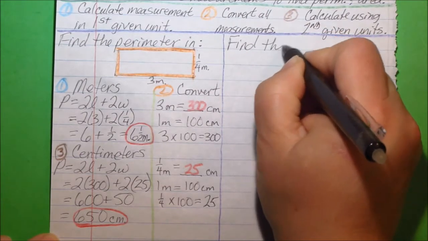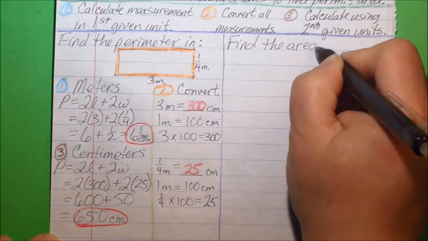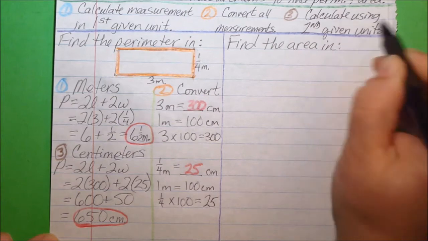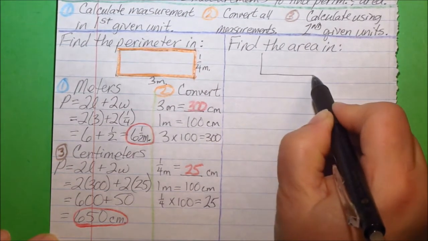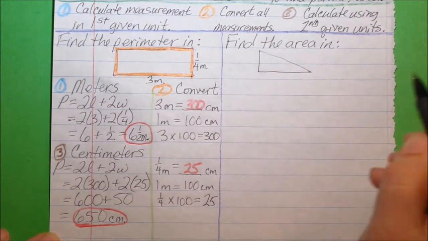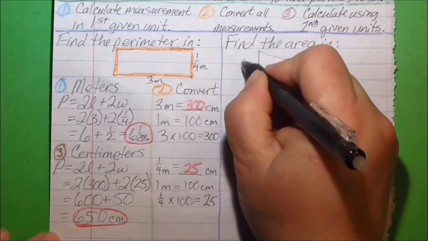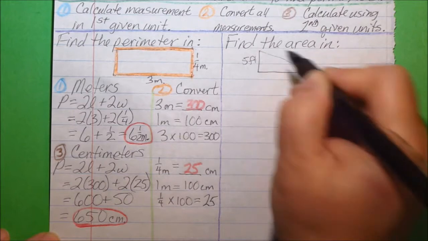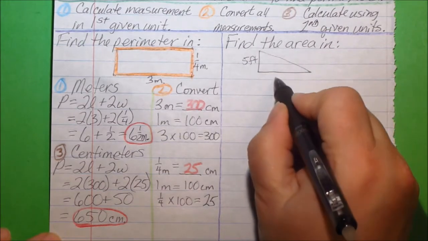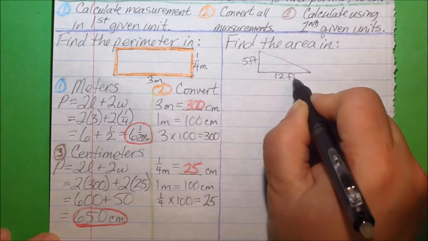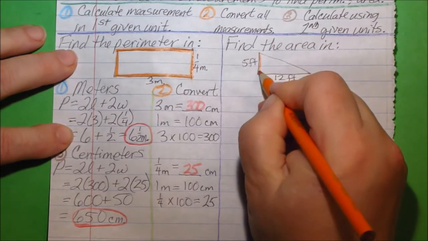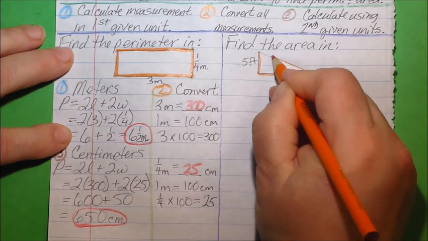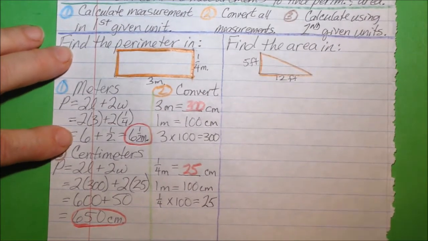the area, and I've got a little triangle here, and this triangle is 5 feet in height and 12 feet at the base. All right, so I'm going to outline it, but we are finding area in this problem.